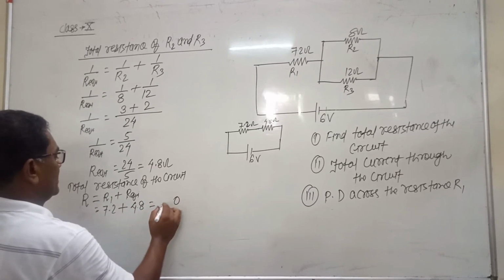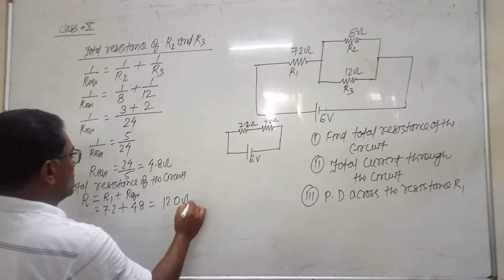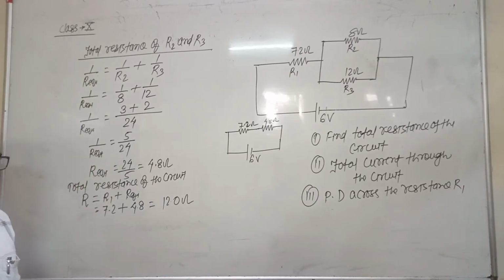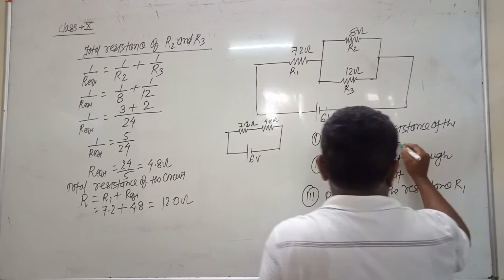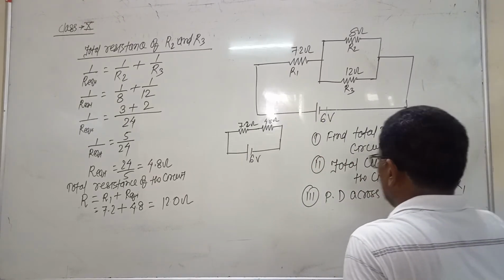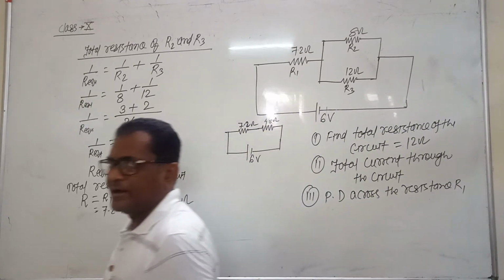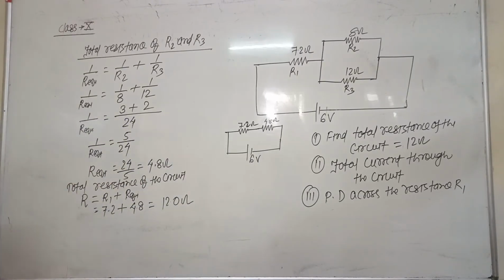So it comes to be 12 ohm. So the first answer, the total resistance of the circuit, comes to be 12 ohm.